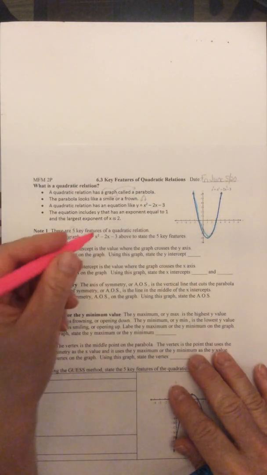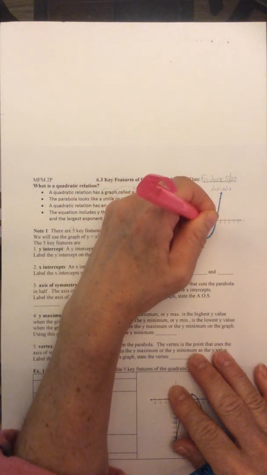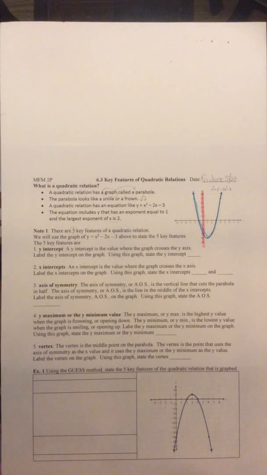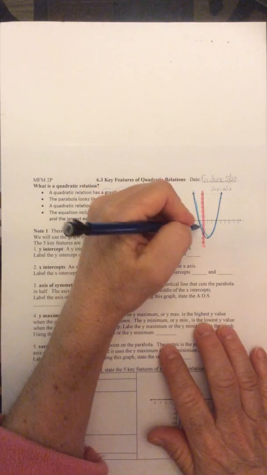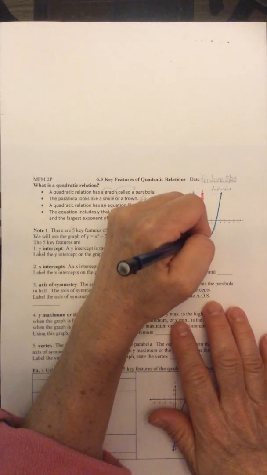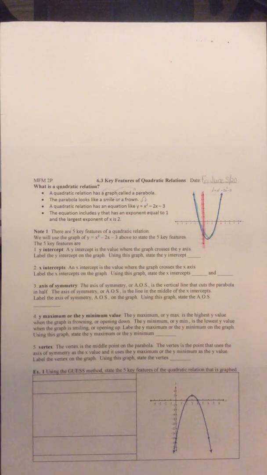The y-axis is right here. Okay, so where do they cross? All right. So they cross right at 1, 2, 3. They cross right at the y value of -3. Okay, that was bad because I did a very bad picture there. Let me see if I've got a different. I'll swap this one.